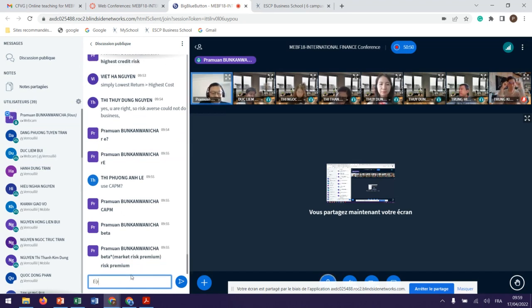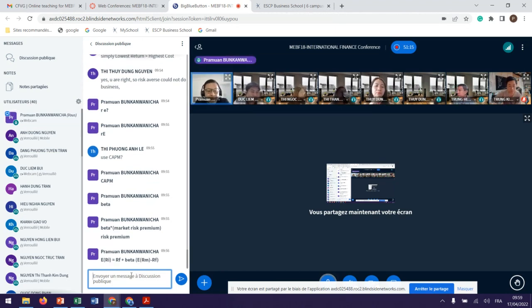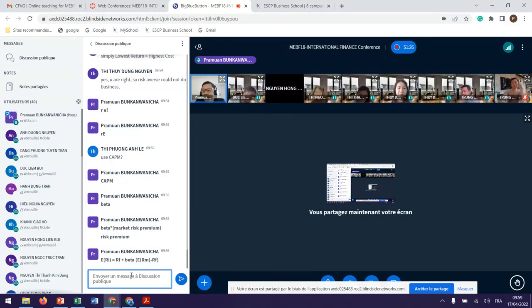In other words, I can estimate my ERI by simply taking my RF plus the risk premium, where for my risk premium, I use the beta multiplied by the ERM minus the RF, and this becomes my CAPM, isn't it? So my beta multiplied by my market risk premium, which is the ERM minus RF, I'm going to get the risk premium, meaning additional return above the RF.